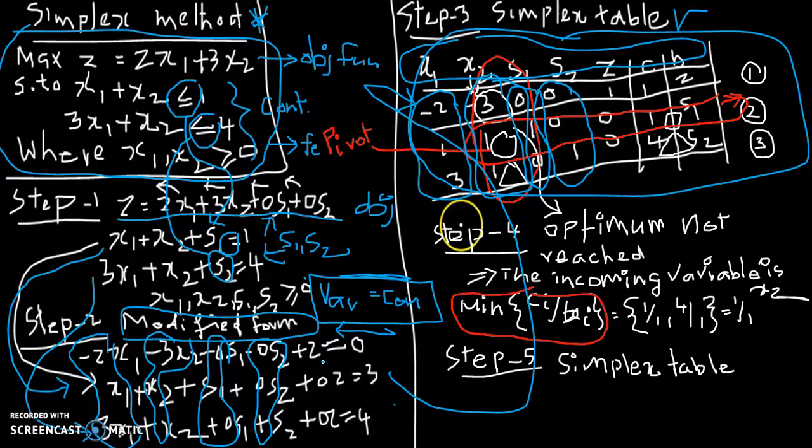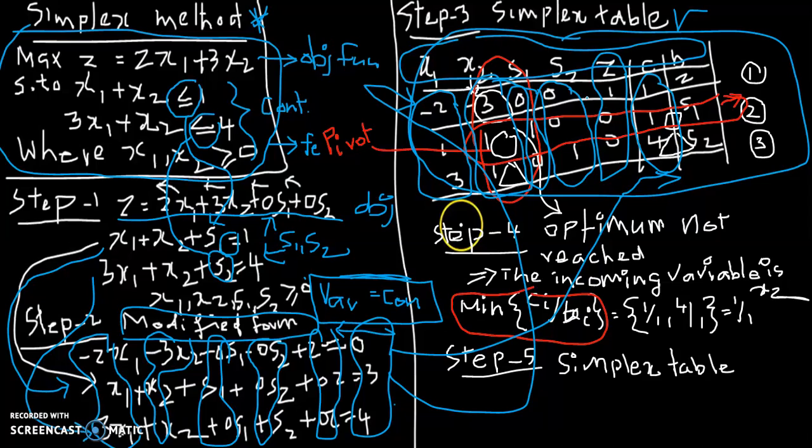The coefficient of z is 1, 0, 0. Last is the constant column, where you write the constants.